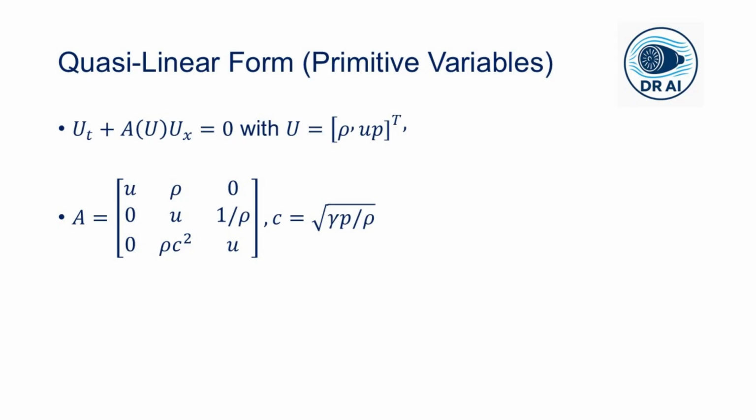It can be seen that c here is the speed of sound, gamma is the ratio of specific heats, and c is equal to the square root of gamma p over rho.